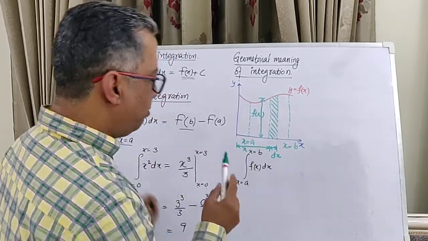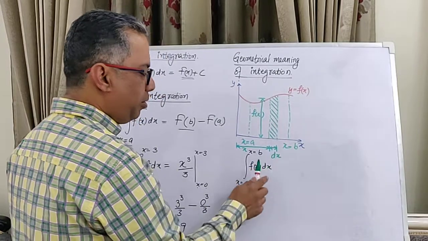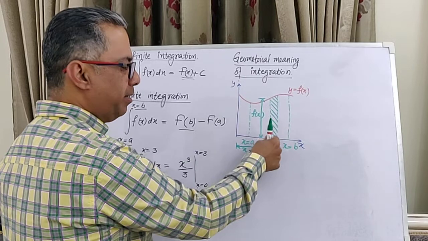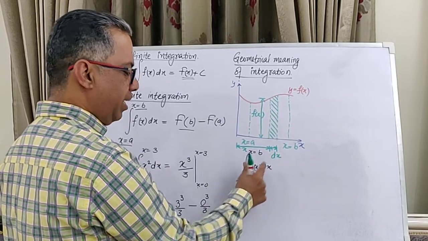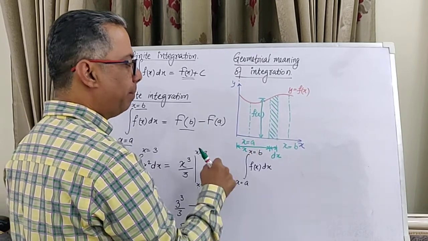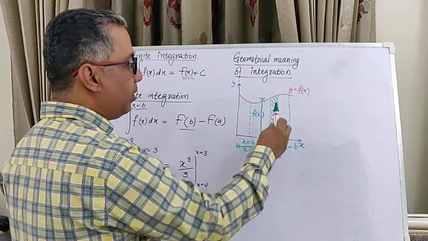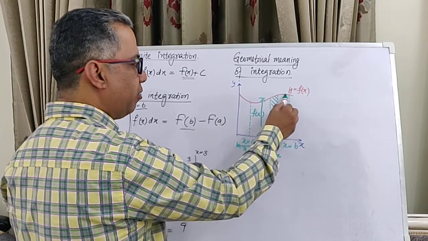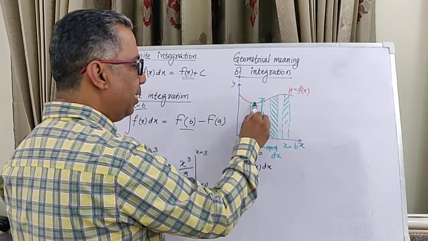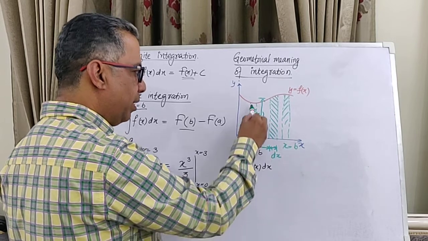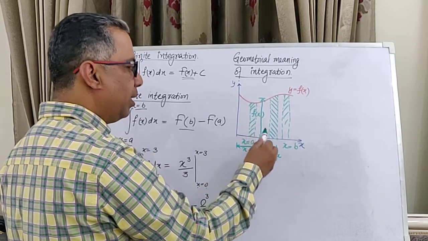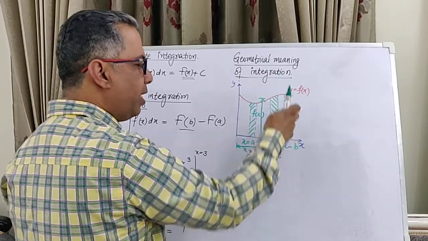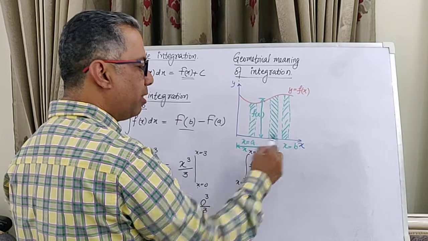Now what you're going to do during integration is you're going to do a summation of fx dx. Now fx dx is this area, and you're doing a summation of fx dx from x equal to a to x equal to b. In doing this, you will be doing a summation of all such areas of strips. Let's say, for example, you start over here, there is a strip here, this strip, then the next strip, and then the next strip, and then the next strip, and you're doing a summation of the areas of all the strips.